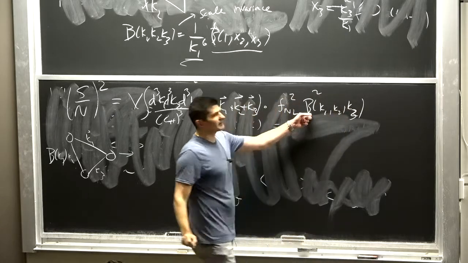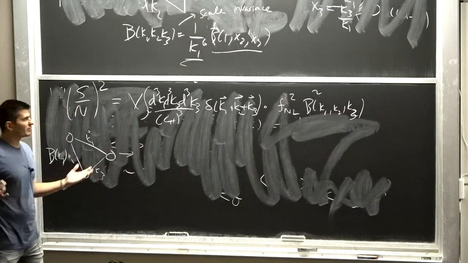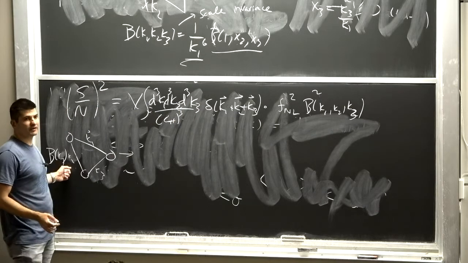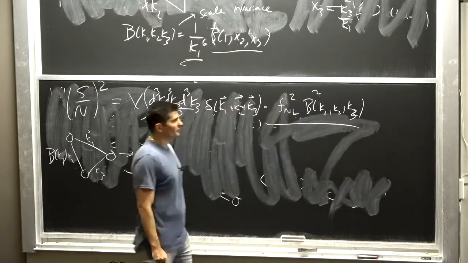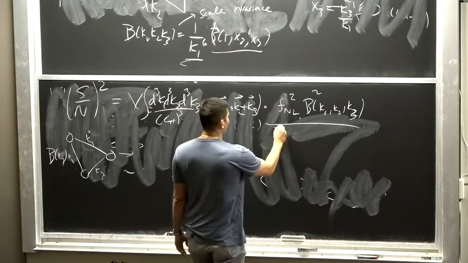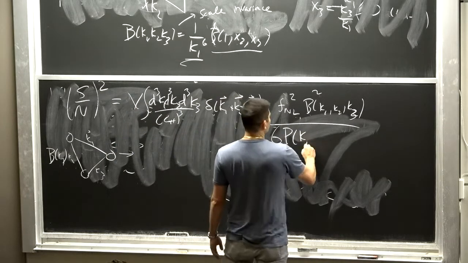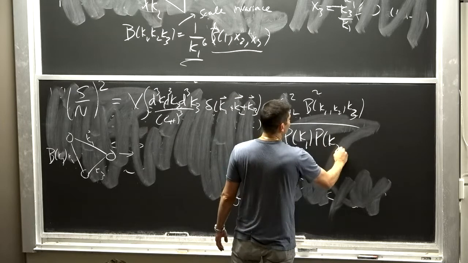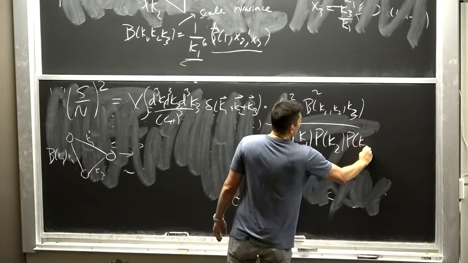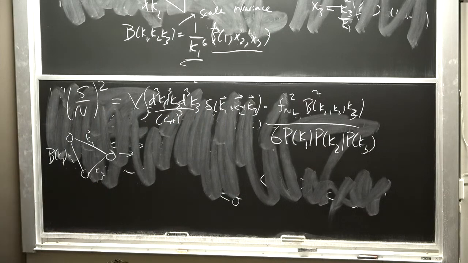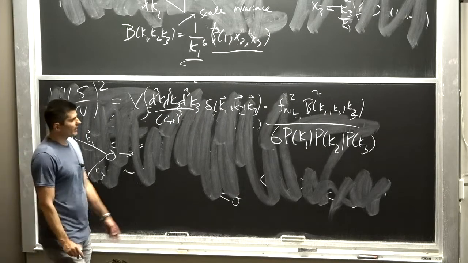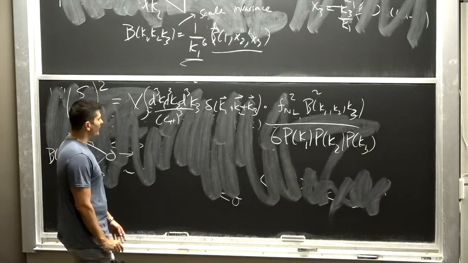So this is my signal, how big I generally expect this measurement to be if there was really a thing there. And then the 2-point function of the 3-point function of Gaussian theory is the 6-point function. And that 6-point function is just Wick contracting the 6 fields. And this factor of 6 comes from the fact that there's that many permutations. OK, so this is the signal to noise squared.